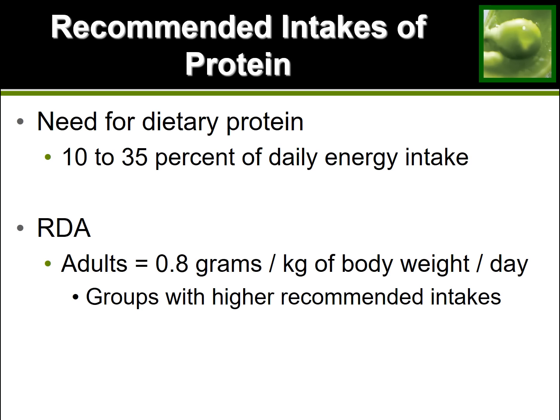Now, most individuals actually get a lot more than this amount. Athletes do tend to need a little bit more, and we'll talk about that in more detail in the fitness chapter. But even that higher requirement for athletes, we still tend to get as much as an athlete needs, even for the individuals who aren't athletes. It's just a trend in the US where our protein intake is a lot higher than our needs.